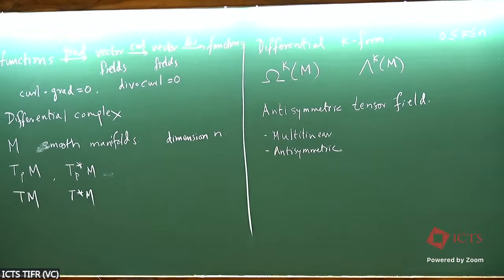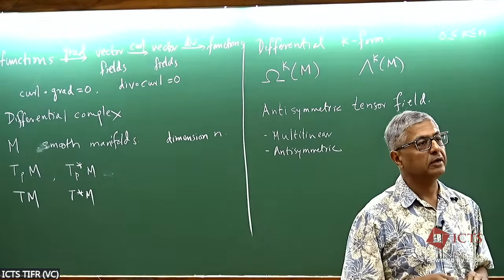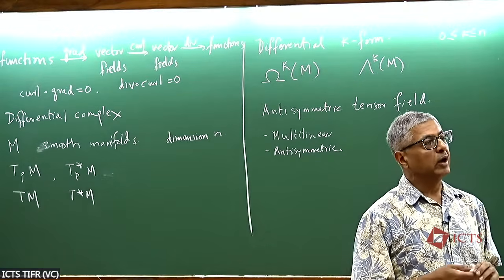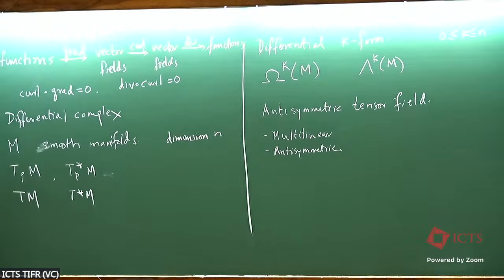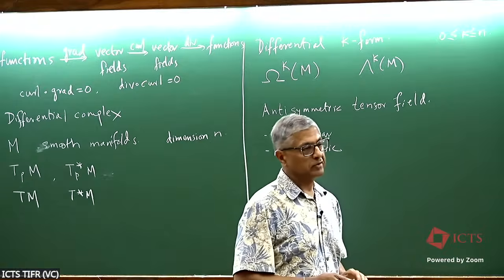If you're measuring electric field, there is no instrument that will tell you the electric field at a point. I think what you'll do is probably push a charge along a small curve and see how much work was done and then infer the electric field from that. I'm not a physicist, but that's what I've heard, that they capture the idea that measurements are done on integrated quantities. So differential forms are the right language rather than vector fields.